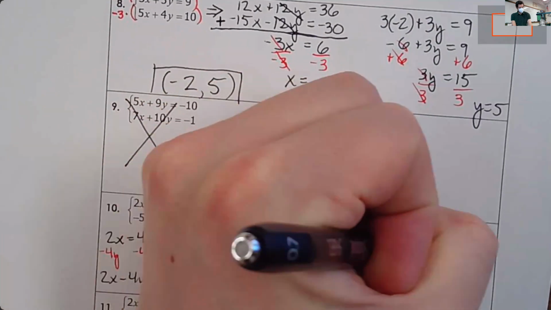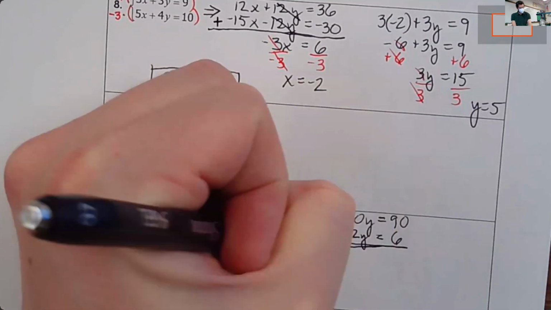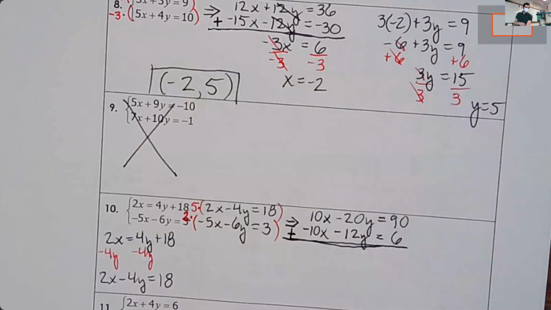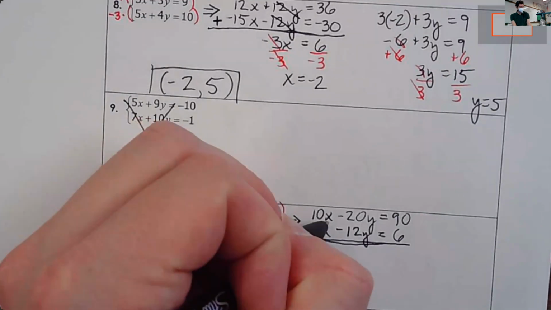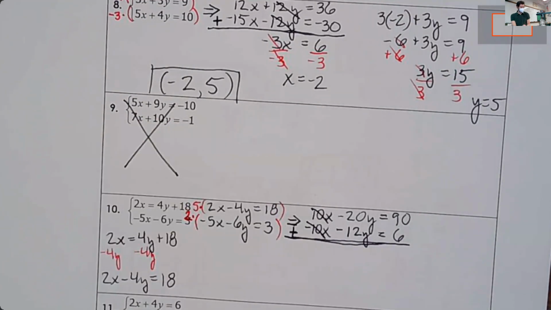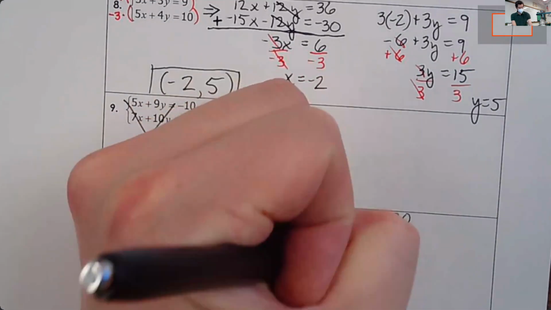Now we've got everything lined up and we have opposite values in front of our x variables. So we can add these two together. Positive 10x plus negative 10x, the x's cancel out. That's what we were going for. Negative 20y plus negative 12y. A negative plus a negative is even more negative, so that's negative 32y.